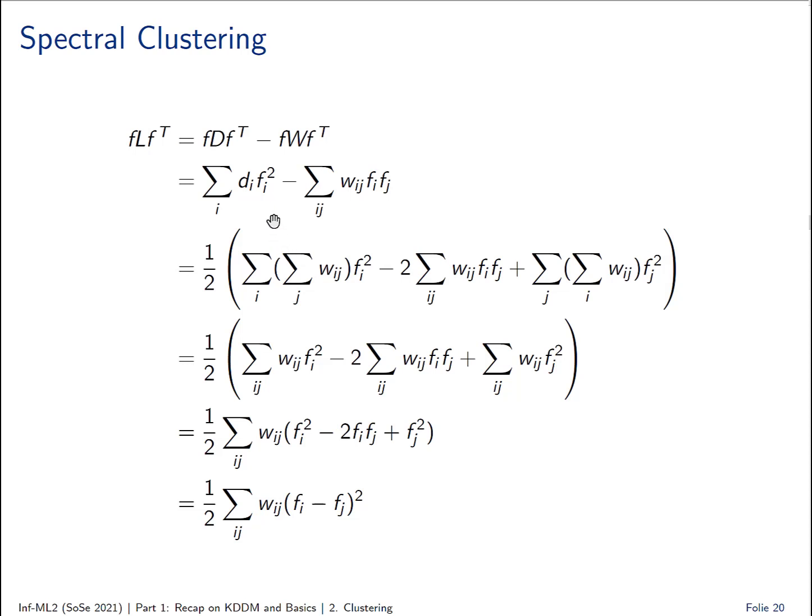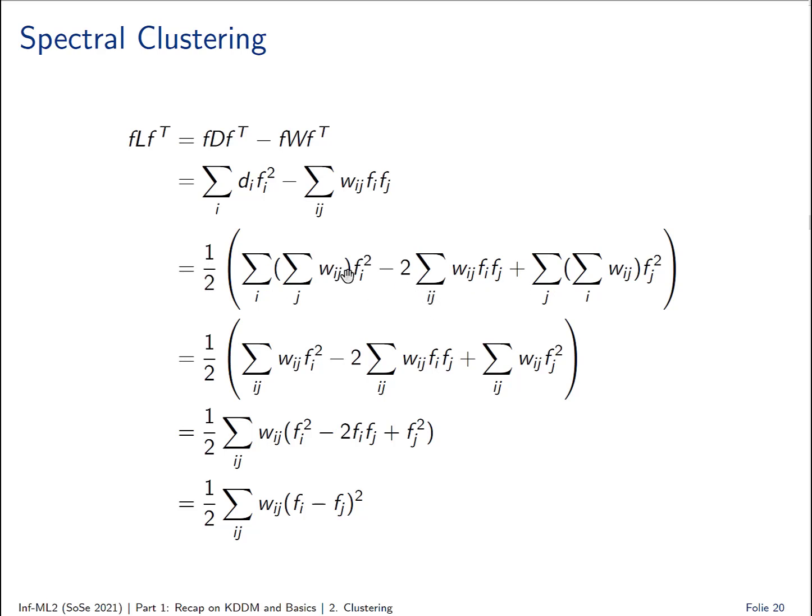So we can replace d_i here by the sum of the weights from i to all the other j's that are connected to i. And the same down here. This one here just remains the same, but we take 2 times this one here, and then take half of this term here.